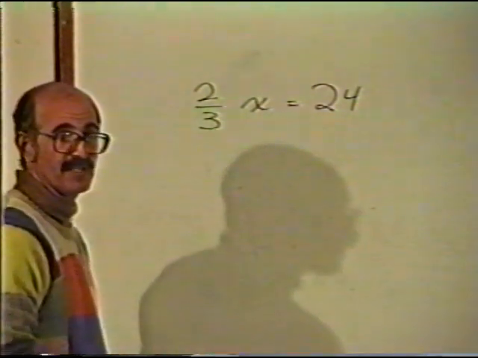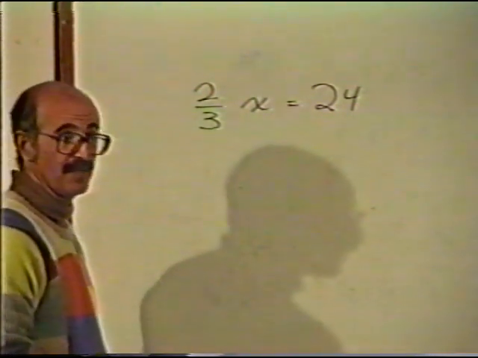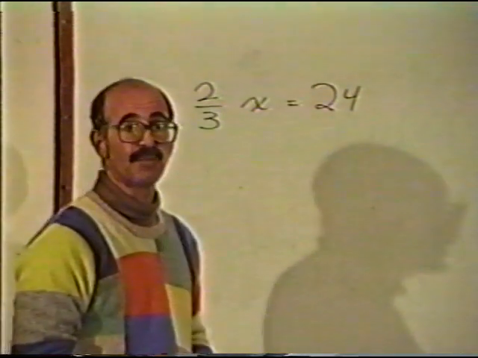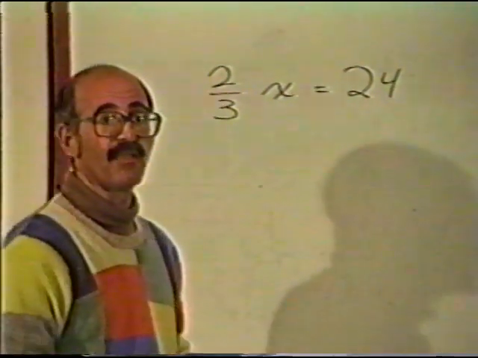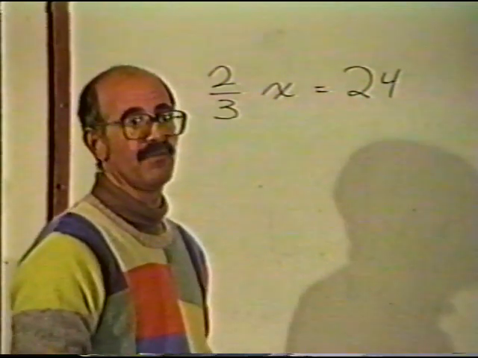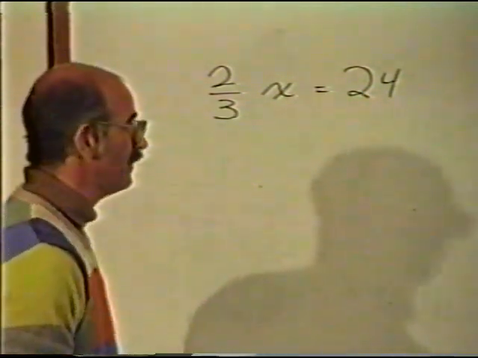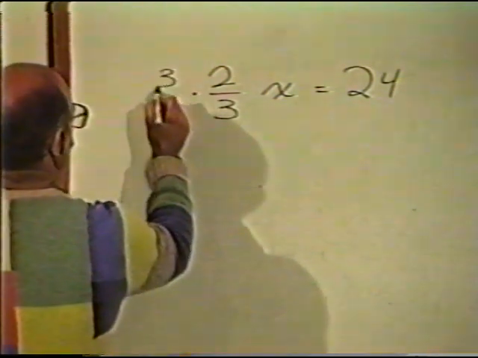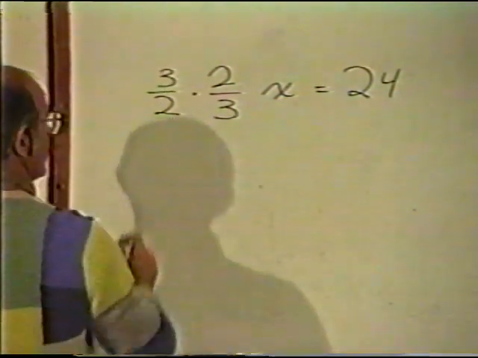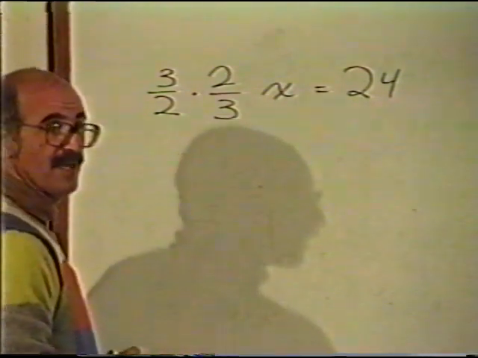And we have a very special trick to make it disappear. We multiply both sides of this equation by what we call the flip-flop of 2/3. The flip-flop of 2/3 is 3/2. We just take it and turn it upside down.